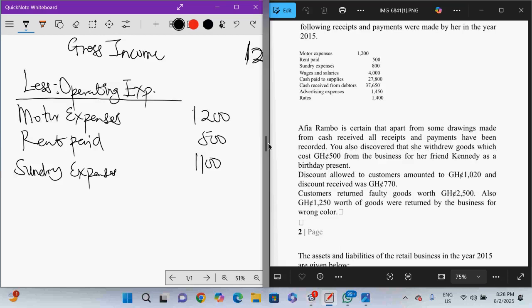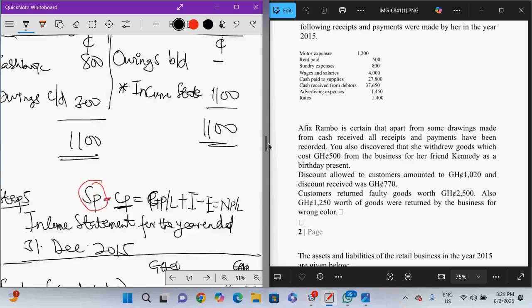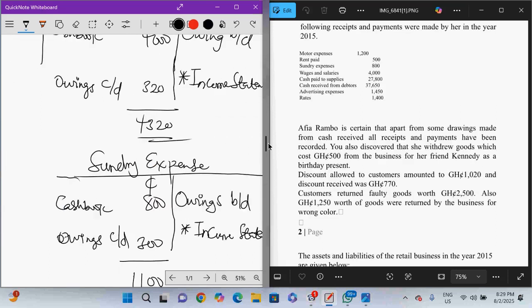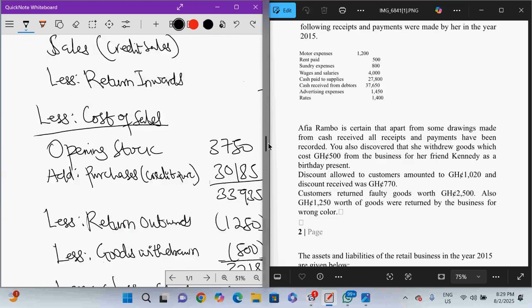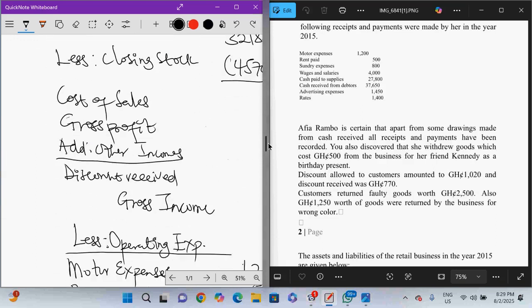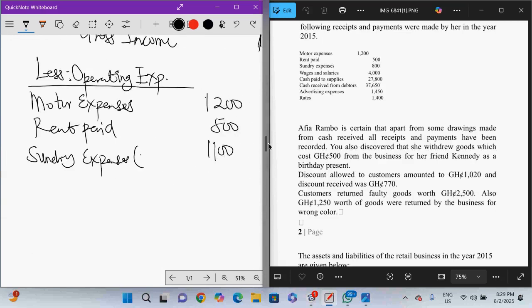Wages and salaries to be made as expenses. So here, what was the workers' number? 4,100. Wages and salaries, 4,100. Right.